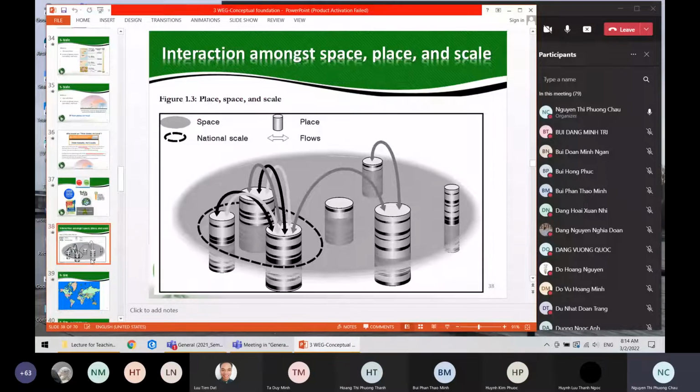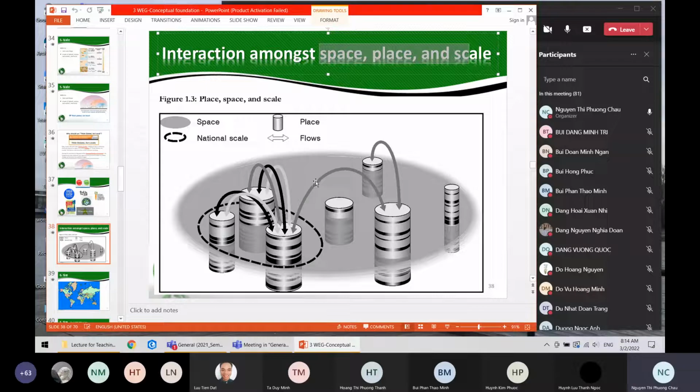This picture shows the spatial interaction and the relationship between the concepts of space, place, and scale. Within these concepts, we can see absolute location, relative location, as well as distance. The picture has several columns, and each column refers to one nation.